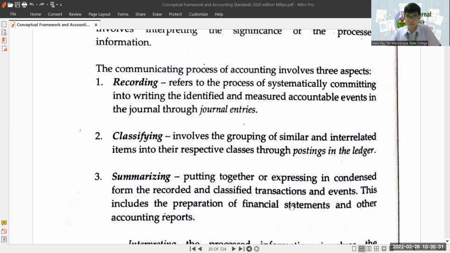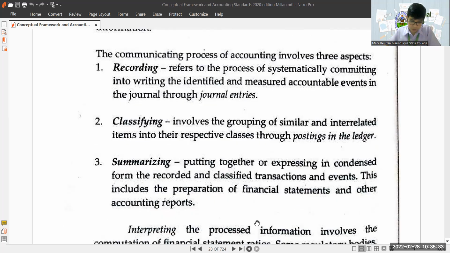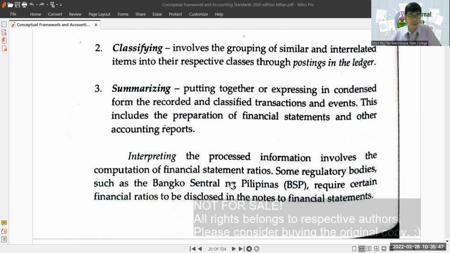And then we have the summarizing. Once you're done with the ledger and then the worksheet, it is the preparation of the financial statements. Then we go to interpreting.